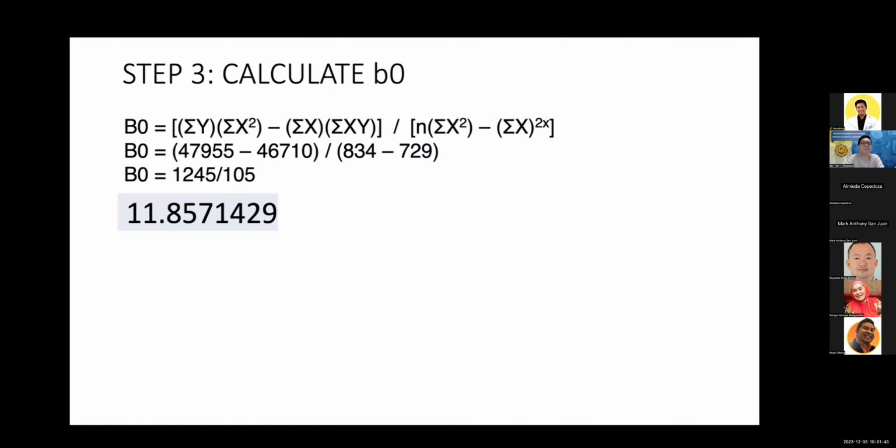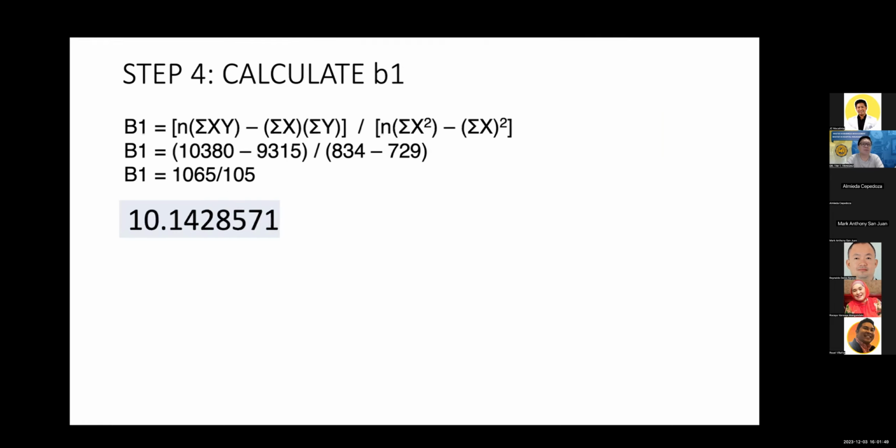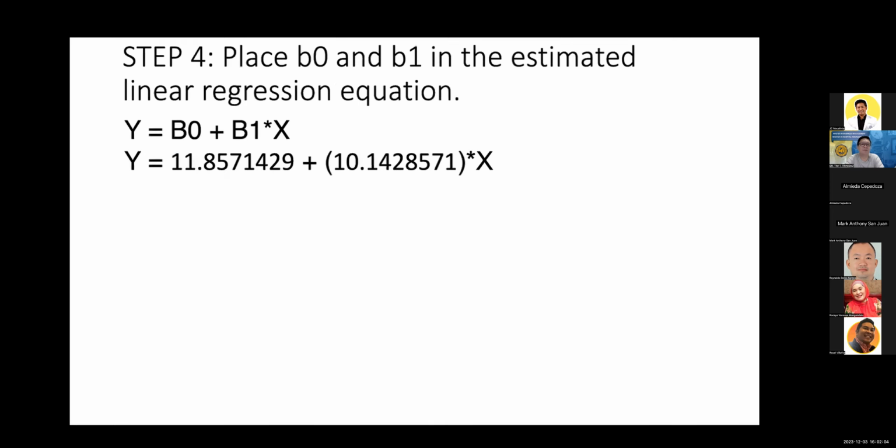So we just plot the values. This is the value that I got for B0, 11.85. Then there is another value that we have to compute. This is the formula for that. Again, we go back to the table we calculated earlier, and we come up with 10.14.